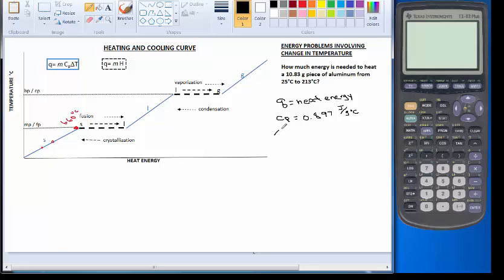Delta T stands for change in temperature, or the final temperature, TF, minus the initial temperature, TI. In this particular problem, our final temperature is 213 degrees Celsius, and our initial temperature is 25 degrees Celsius.